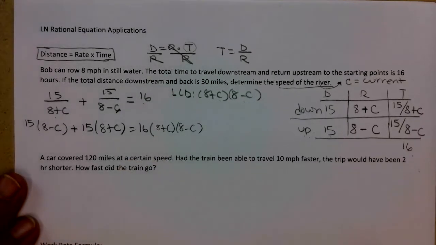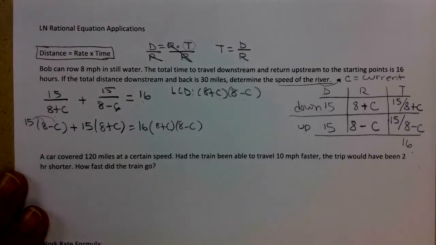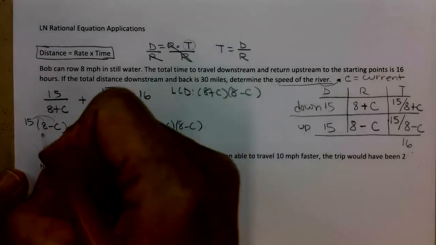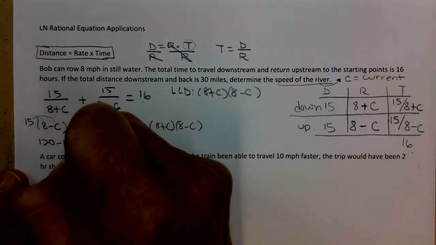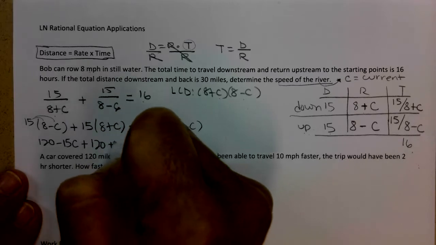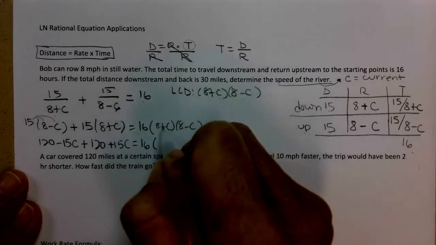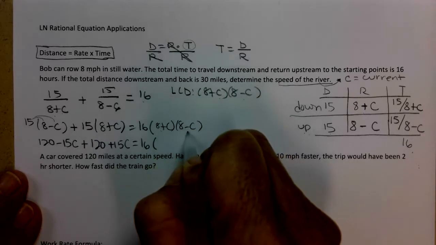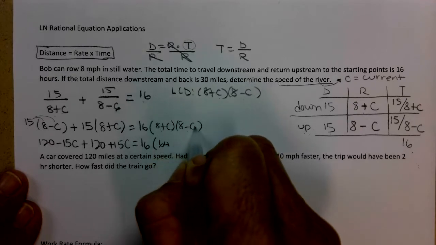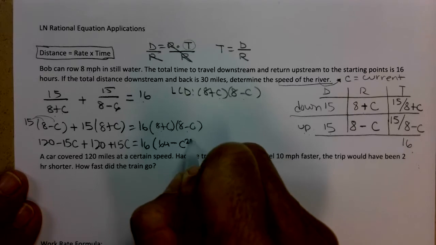Let me start writing a little bit smaller here. Let's distribute. 15 times 8 is 120, minus 15c, plus 120, plus 15c, equals 16 times, and I'm going to multiply these two together first, so I'll get 64 minus 8c plus 8c, so those go away, then minus c squared.